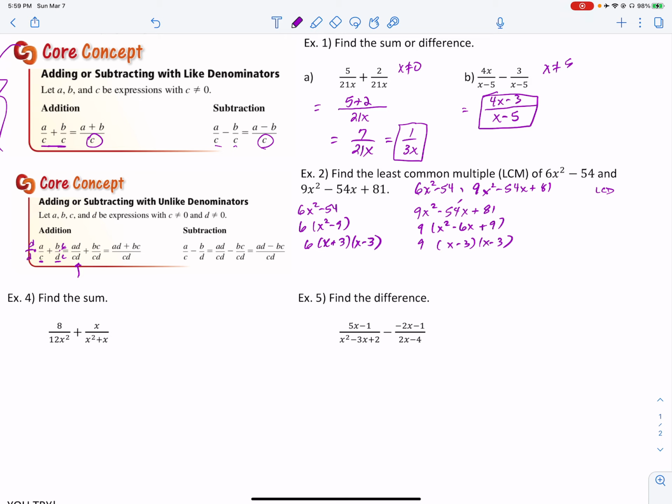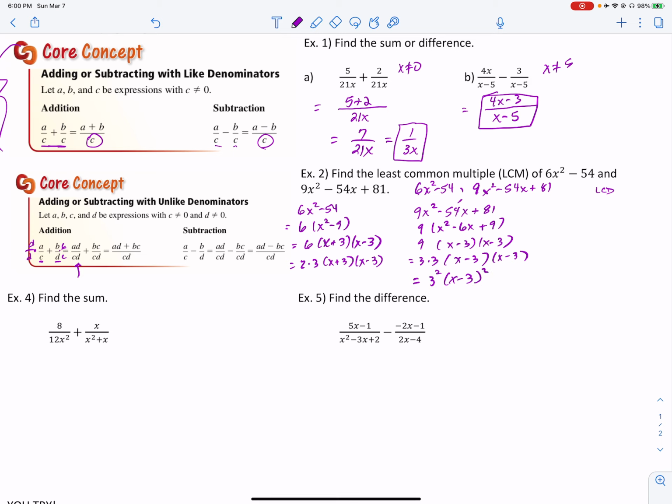But we need to explore these a little bit further. 6 is 2 times 3, so we've got it down to prime factors there. And 9 is 3 times 3, and I'm going to think of x minus 3 times x minus 3 as x minus 3 squared.